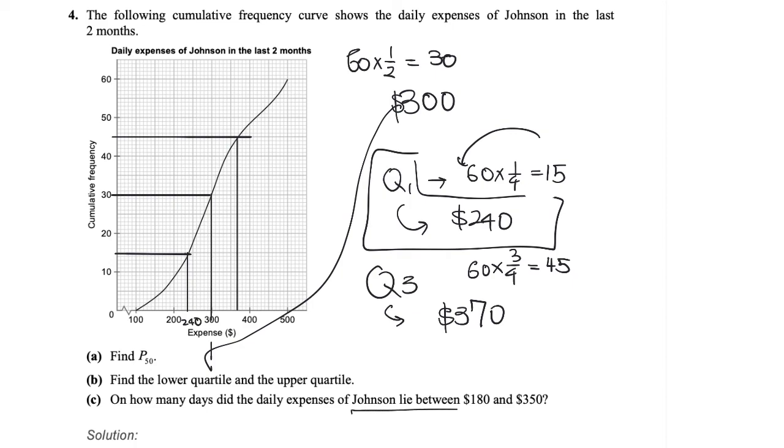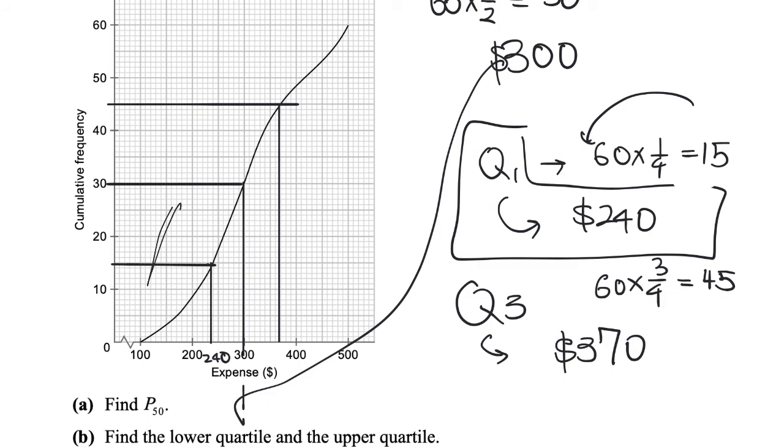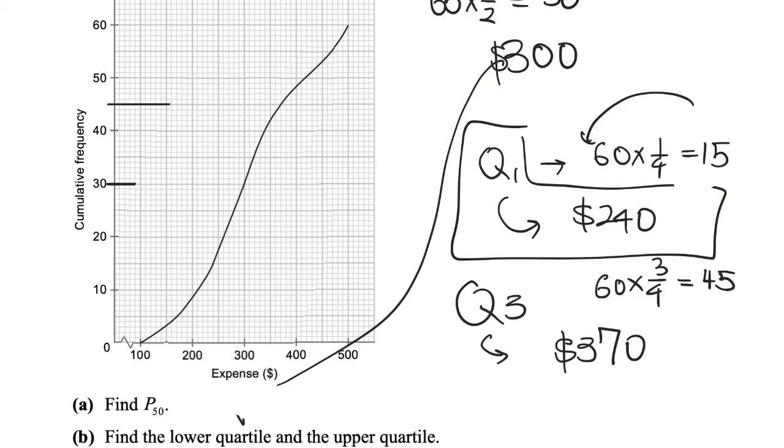And then now you have to find out between 180 and 350. So you have to draw the line, okay, when you have less than, like this. Okay, we consider 180 and 350. So you have to draw the point here. 350.